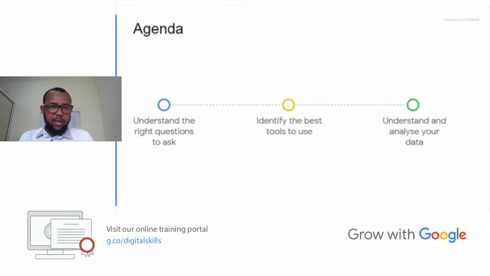These are the three things you're going to take home. One, you'll be able to identify and understand the right question to ask. Two, you'll be able to identify the best tools to use to gain analytic insight. And finally, you'll be able to understand and analyze your data sets.